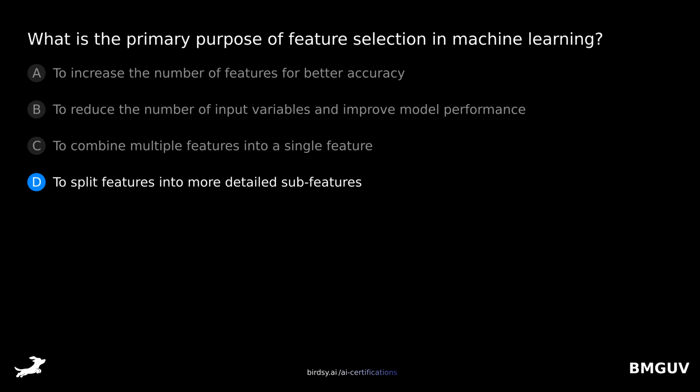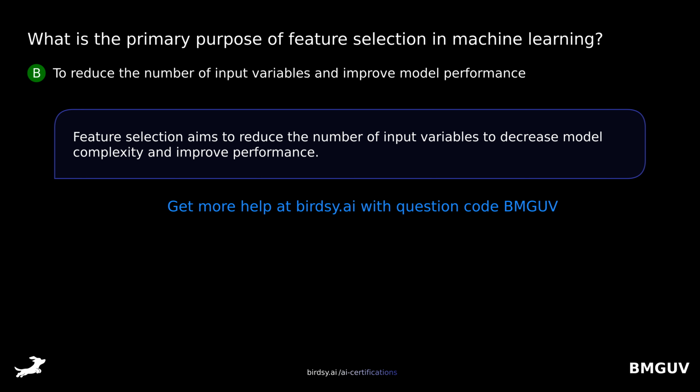Or D, to split features into more detailed subfeatures? The answer is B, to reduce the number of input variables and improve model performance. Feature selection aims to reduce the number of input variables to decrease model complexity and improve performance.